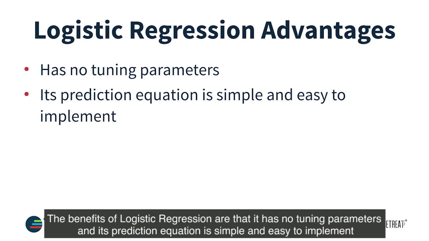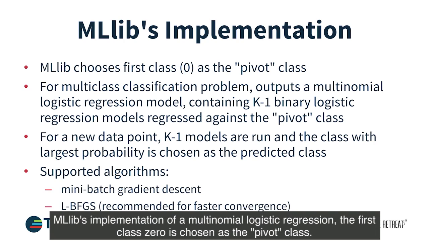The benefits of logistic regression are that it has no tuning parameters, and its prediction equation is simple and easy to implement. In MLlib's implementation of a multinomial logistic regression, the first class 0 is chosen as the pivot class.